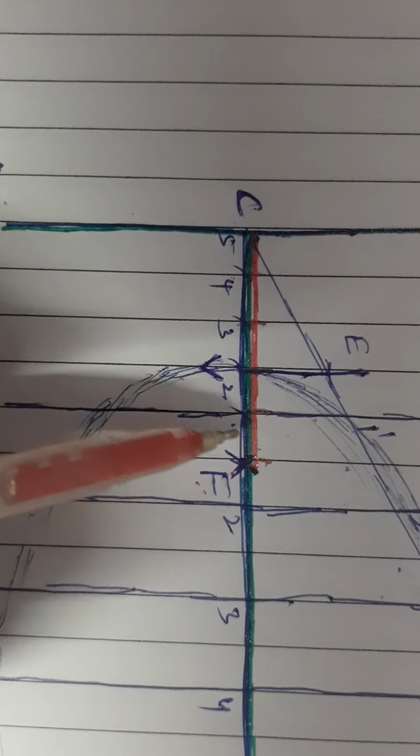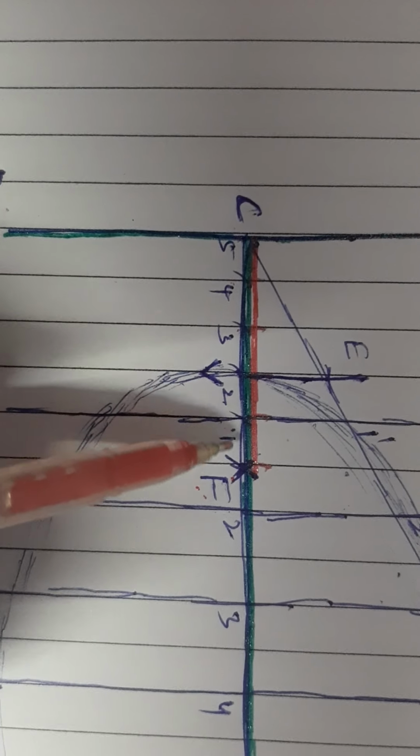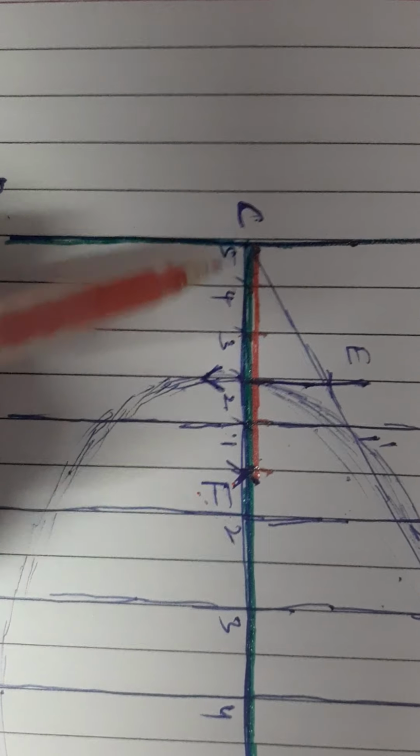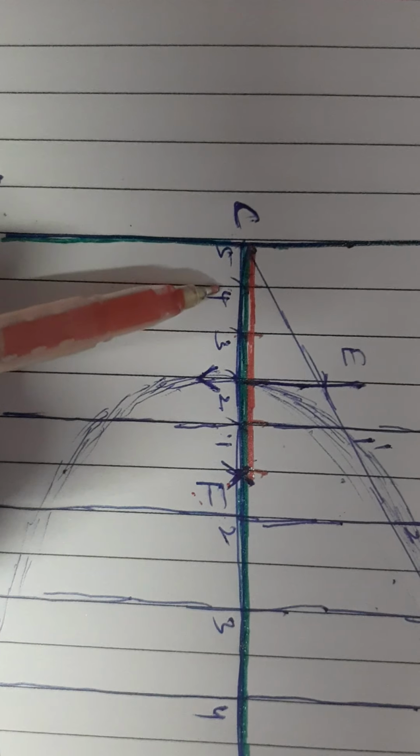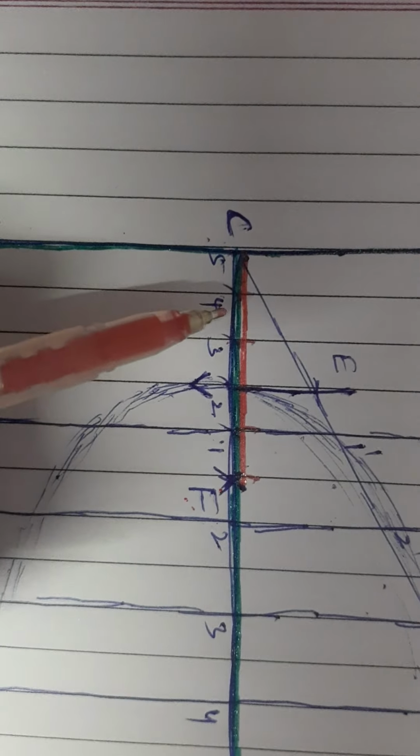So I divided the CF into 5 equal parts and named the points 1, 2, 3, 4, 5.